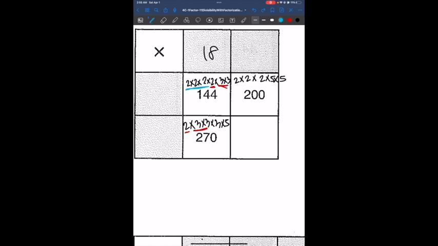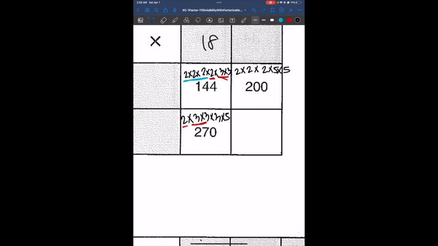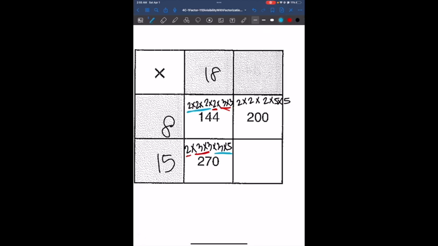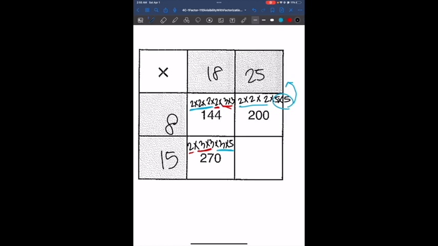So that's going to be 2 times 2 times 2, which is 8. And this box is going to be the remaining ones over here, which is 3 times 5, so 15. And since 8 is 2 times 2 times 2, we take this out. And so this box is going to be responsible for 5 times 5, which is 25.